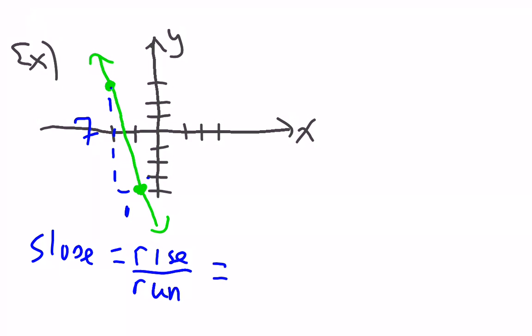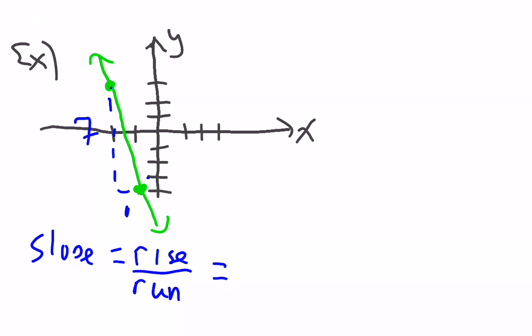So remember, slope is the same as rise over run. So it rose 7. Now, did it rise or did it fall? That's a good question. So in this case, if I'm reading this like I read a book, left to right, if I go from the top point to the bottom point, did I go up or did I go down? And in this case, I went down.